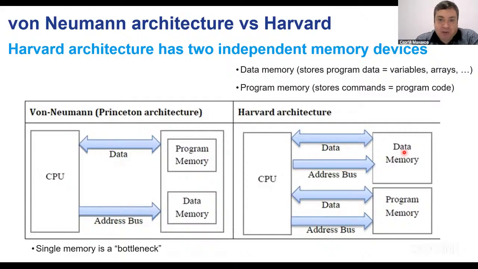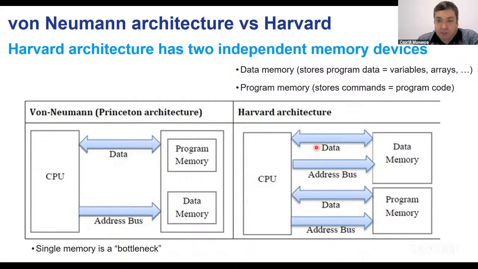And for the Harvard architecture, we have a simple difference. Data memory and program memory are different types of memory devices with different buses, data and address bus, for them. As I already told, it is used in microcontrollers and mobile chips. What does it give?